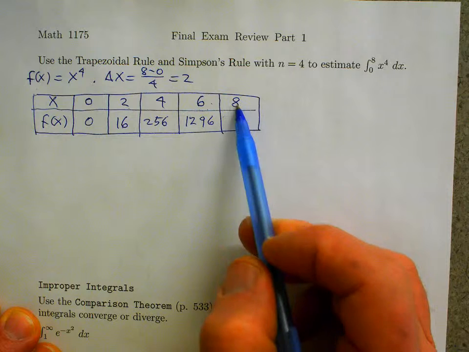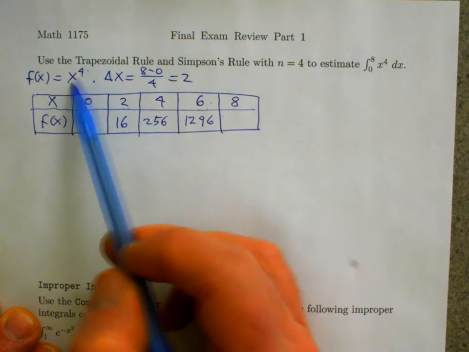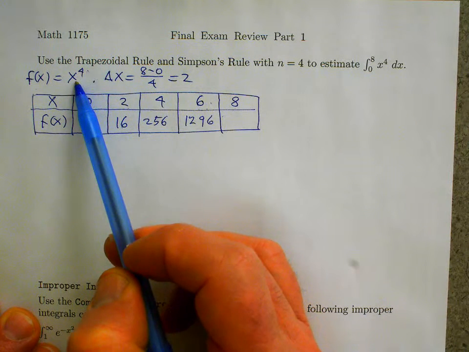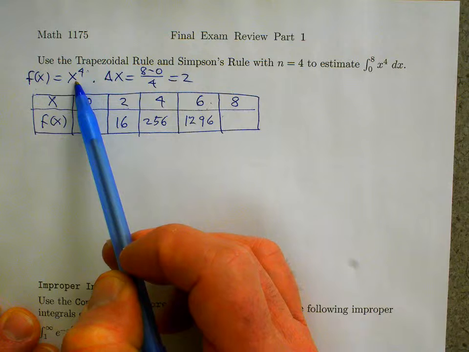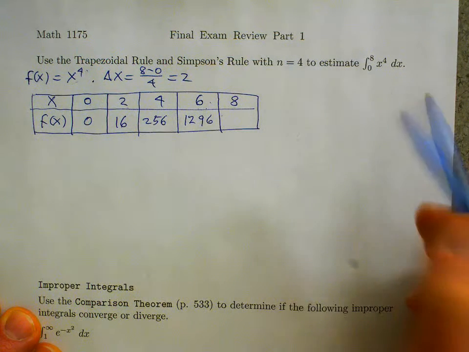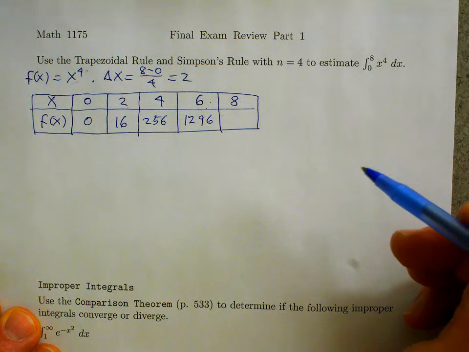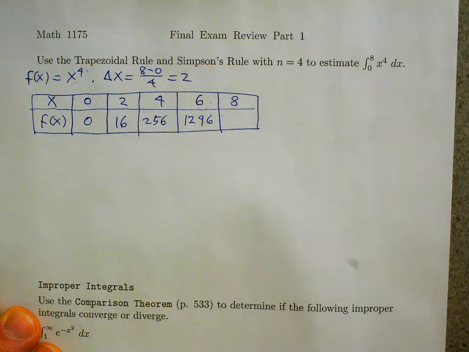When x is 8, 8 to the 4th, that's the same as 2 to the 3rd to the 4th, or 2 to the 12th. We know that 2 to the 10th is 1024, so 2 to the 11th is 2048. 2 to the 12th is 4096.